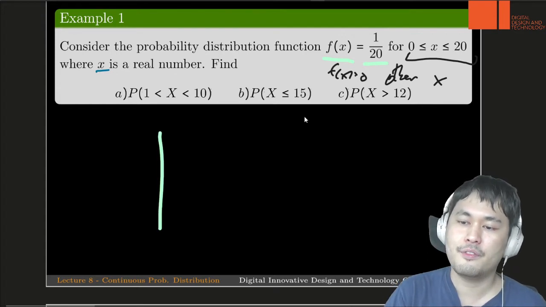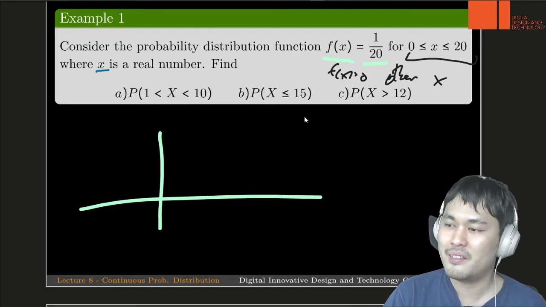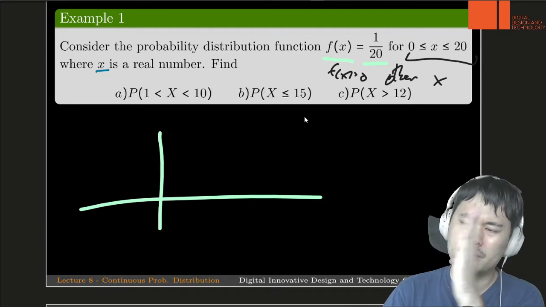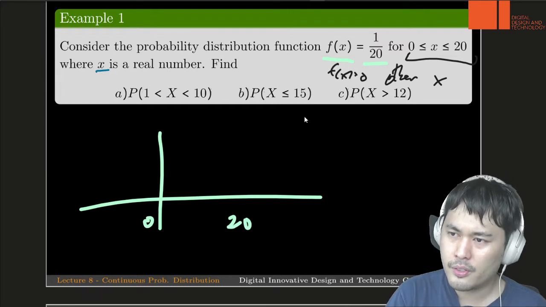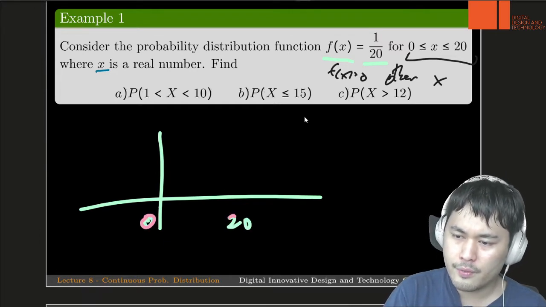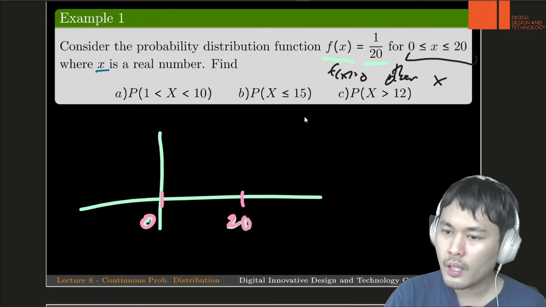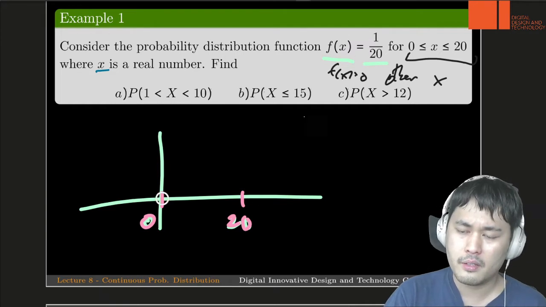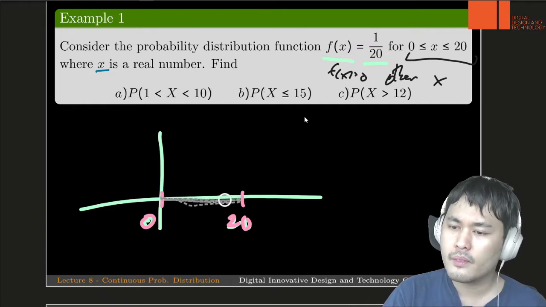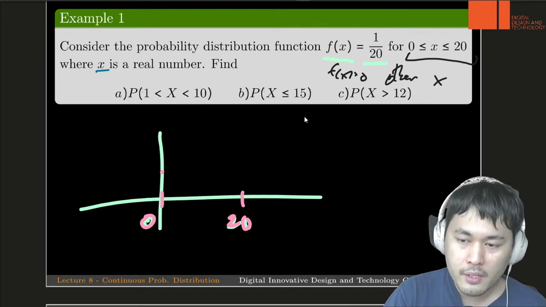So how do you plot this graph? If you are familiar with plotting graphs, you can do this pretty quick. First we want to find what the ranges are. It says 0 to 20. So now we have the left and right endpoints. And if f of x is 1 over 20, it's a constant. It means for any value of x here, f of x, the value of y, is 1/20.